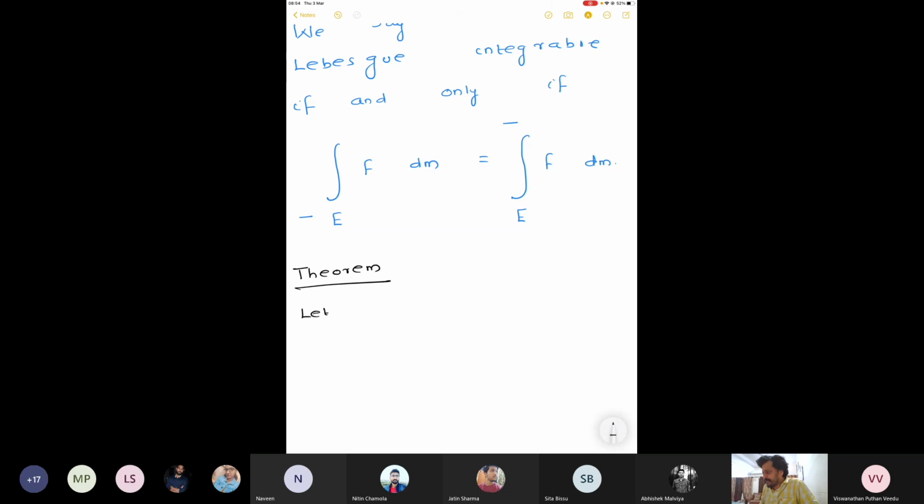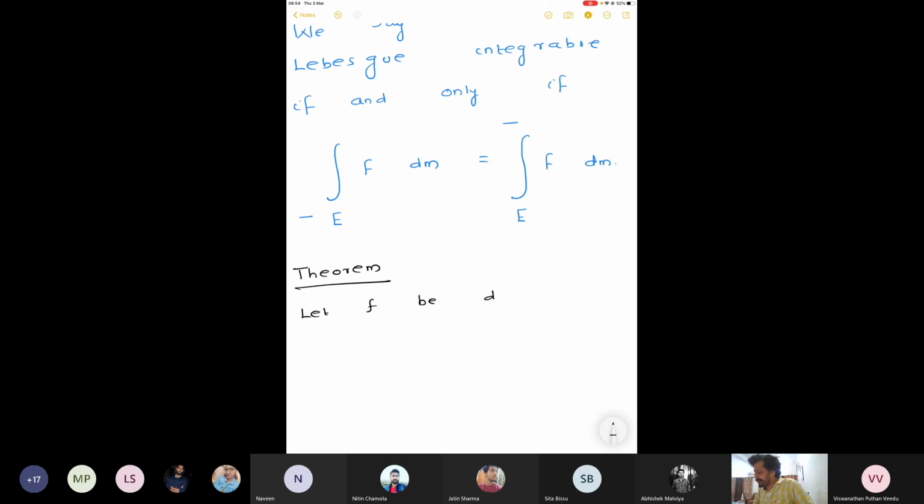Let f be, but remember we have achieved integration only for functions that are bounded, and the domain is measurable and of finite measure.